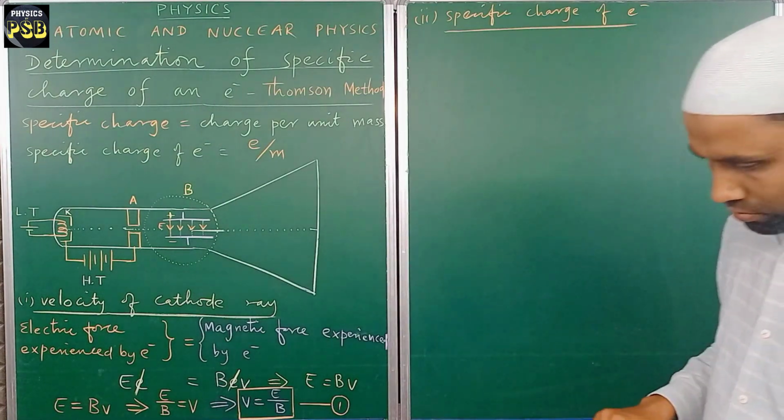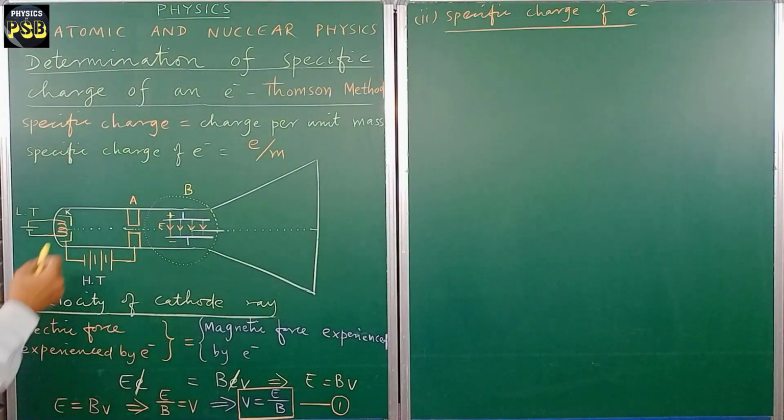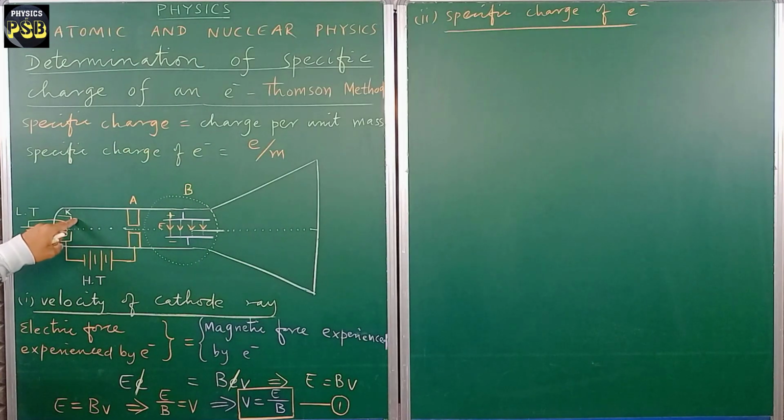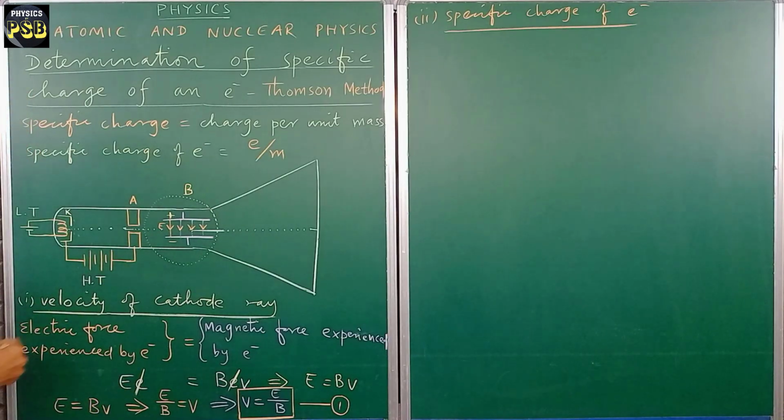Here, I told you the cathode is connected to the negative terminal, so it has high negative potential. Electrons have a negative charge, so they are repelled out with some velocity. So here, electrons at the cathode accrue a potential energy, which turns into kinetic energy at the anode.